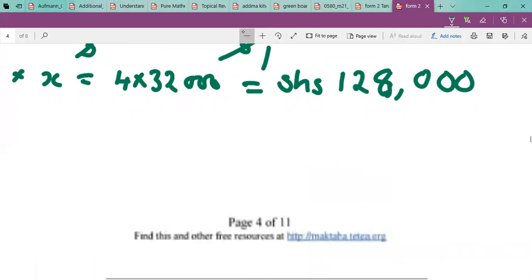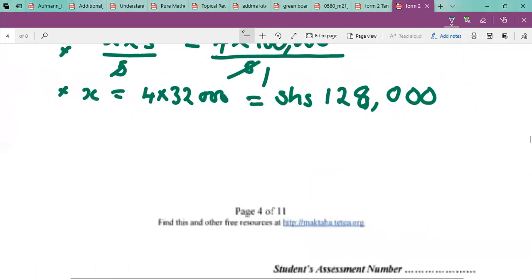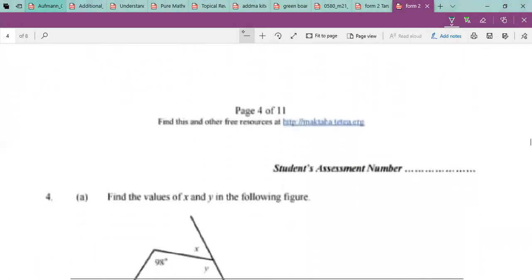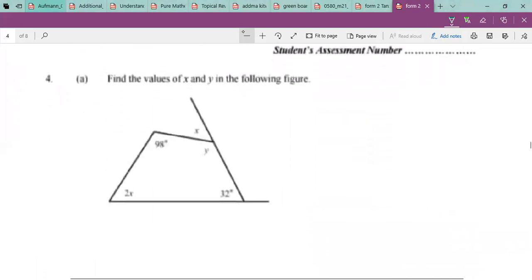Go to the next question. Find the value of x. So we have got this polygon. Like that. This is 98.